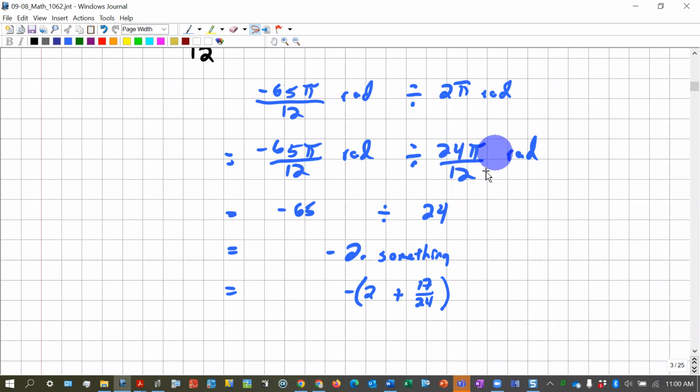So 2 groups of 24 pi over 12 is 48 pi over 12 again, like before. But if I'm starting with negative 65 and I add 48, my answer is still negative.